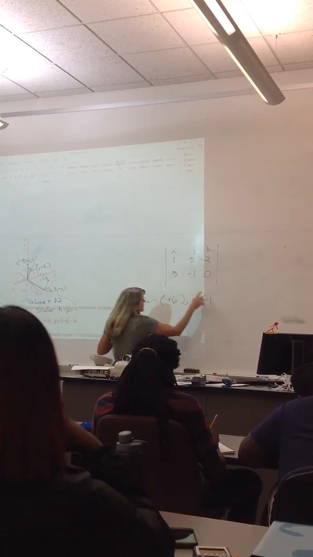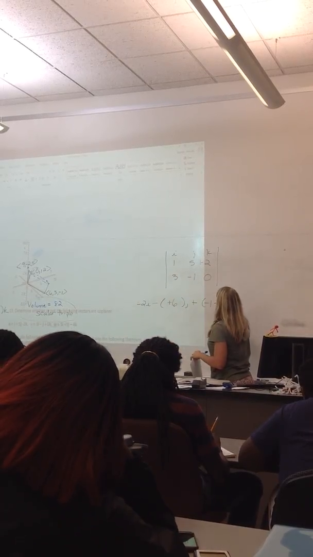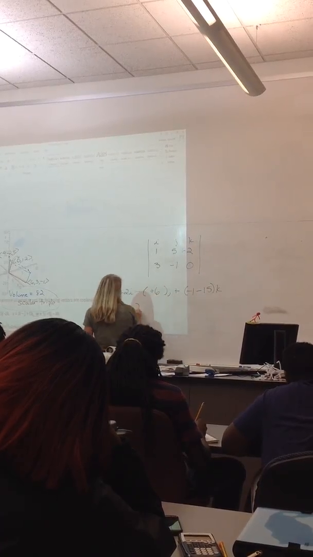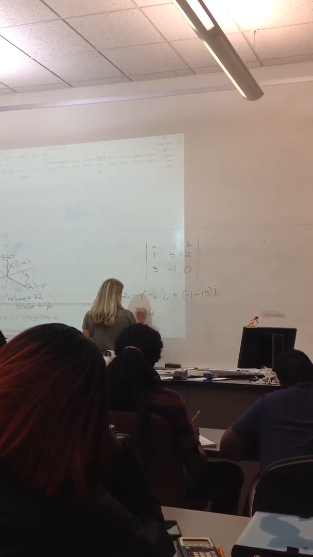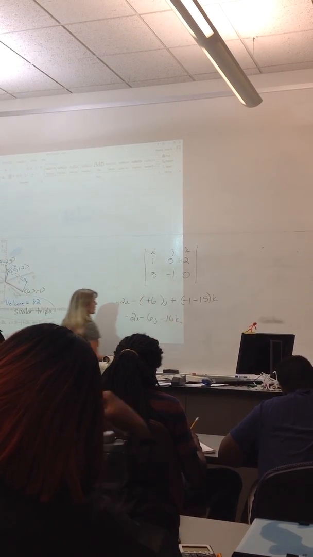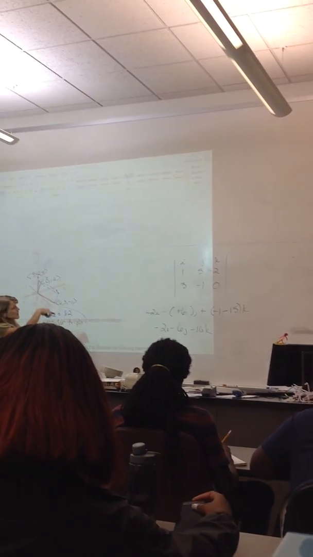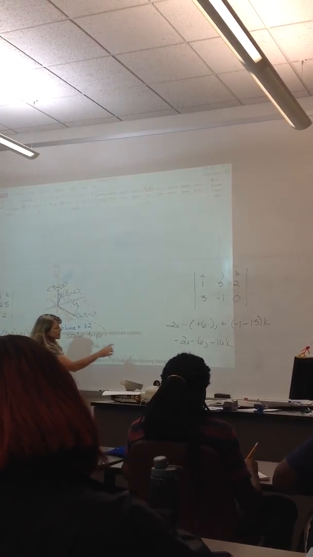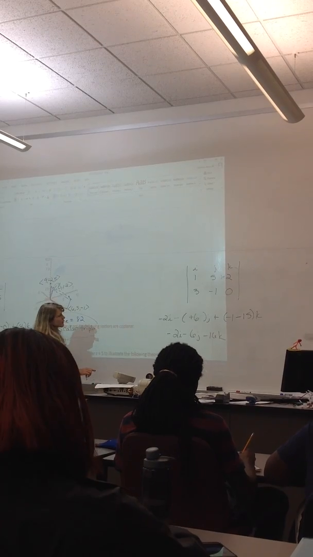And then minus 1, minus 15 is our K. So minus 2, minus 6 for the J, and then negative 16 for the K. And that negative makes it negative.